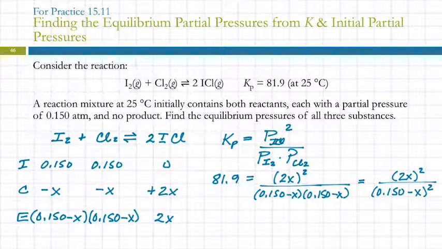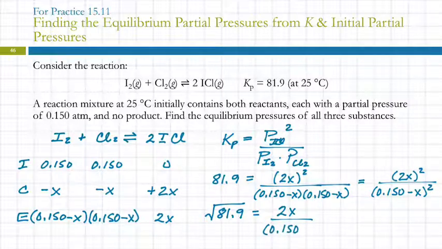If I take the square root of both sides, then I can get rid of those. So the square root of 81.9 is going to be equal to 2x divided by 0.150 minus x. Now that's not a quadratic, so that could be solved, right?